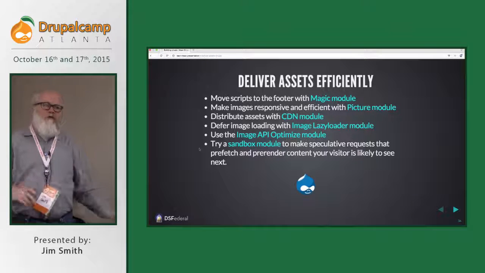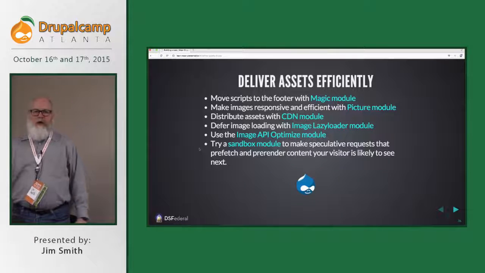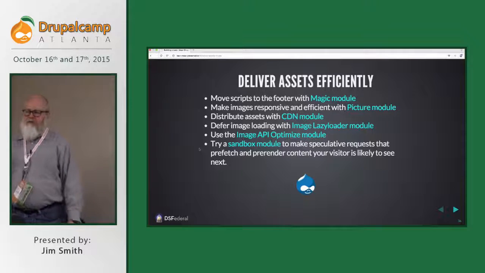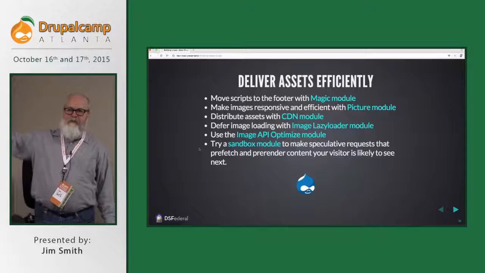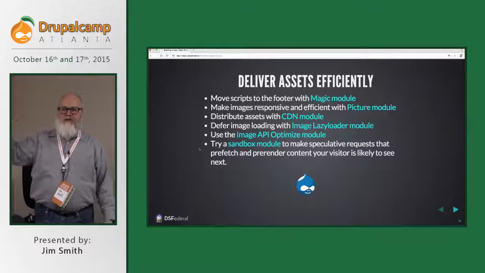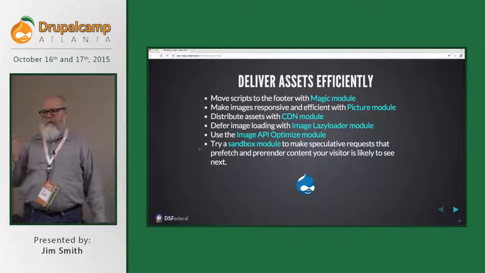But with prefetching and pre-rendering, you can specify certain domains where some of your assets are coming from, so that those calls will be made before they're actually needed. For example, if you know that on the next page you have some big image that needs to be displayed, you can set up a prefetch.